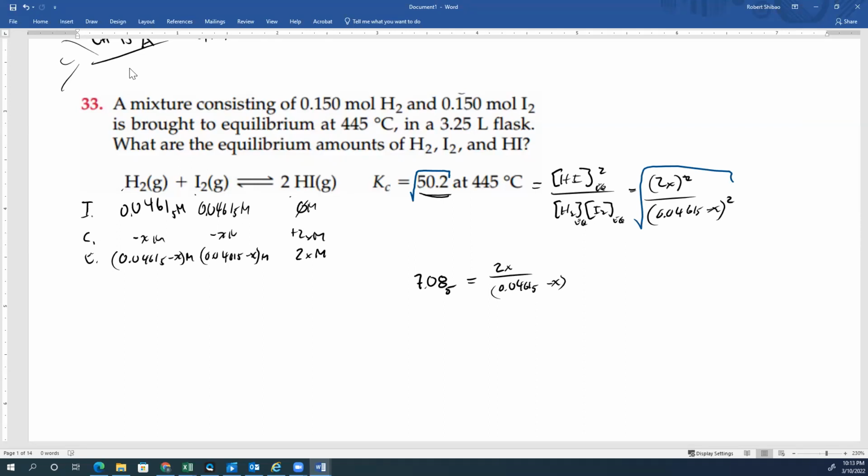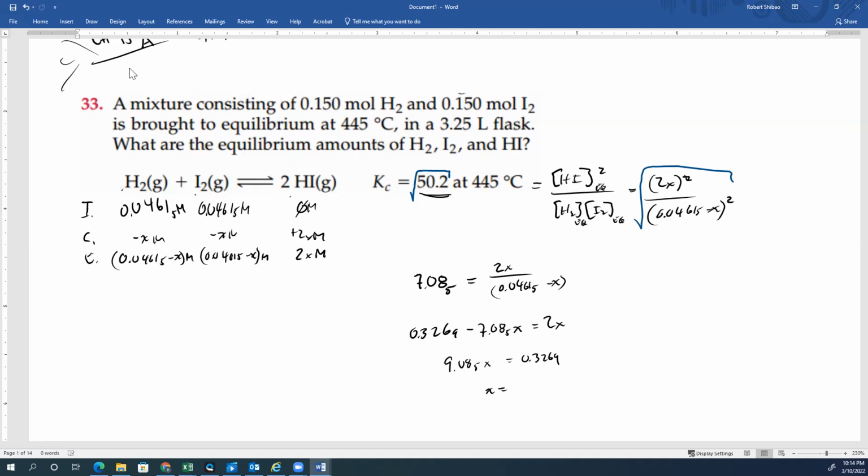That equals 0.3269 minus 7.085 times x, which is equal to 2x. And then I'm going to add 7.085x to both sides. So I'm going to get 9.085x is equal to 0.3269, and then solve for x.